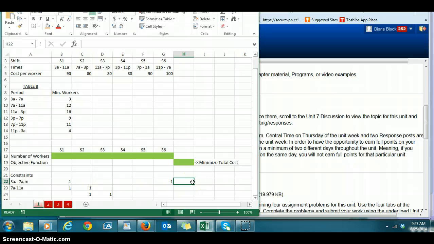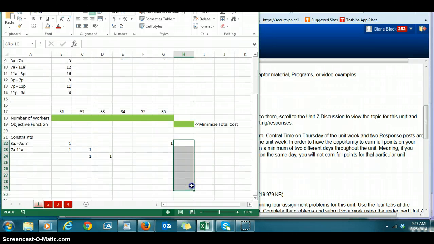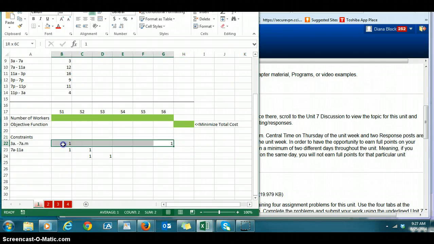And so you're going to sum here. You've done a linear programming problem before. So this column is where you're going to put your sum product here, which is going to take this line times the number of workers. And then down here, you'll take this line times the number of workers. And then the next one, each line times the number of workers.